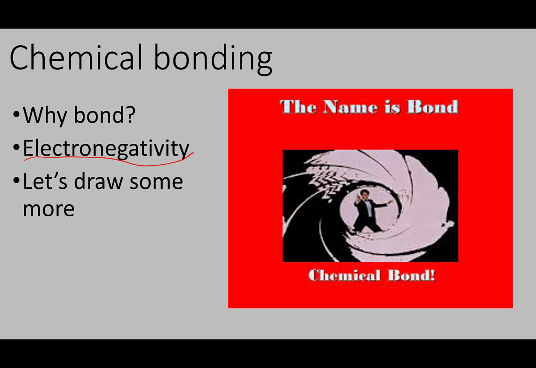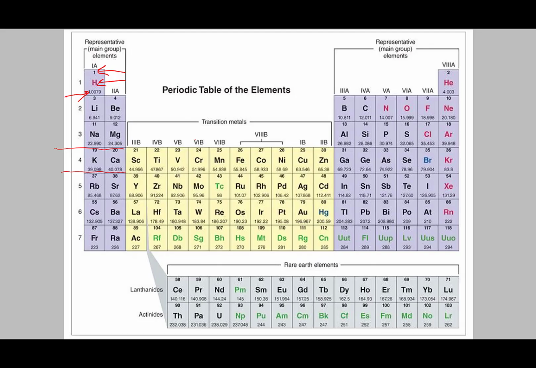The more an atom pulls an electron towards itself, we say the more electronegative it is. And if we look at our periodic table, the further to the right and the higher up on the table something is, the more electronegative it is, the more it will pull an electron towards itself.